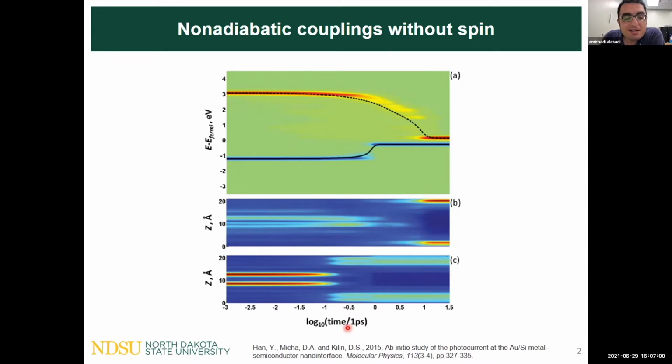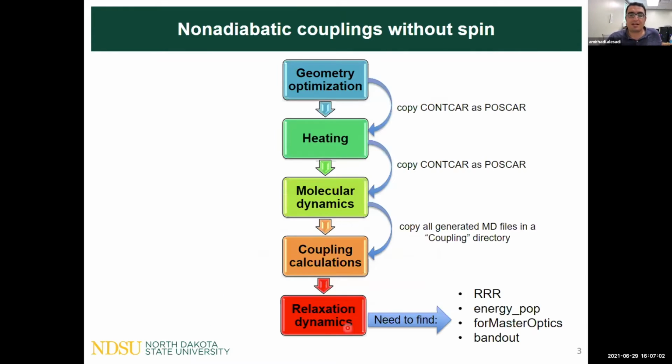2015. So just as a review, what we have done so far: we first did some geometry optimization, getting a CONTCAR out of it, then annealing the system and doing some heating calculation, then molecular dynamics calculation.